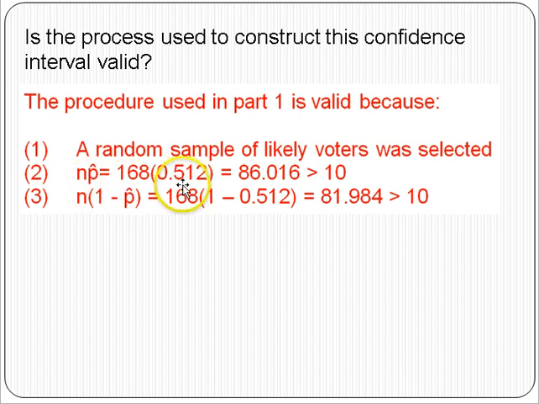That's 168 times 0.512 is 86.016. That's bigger than 10. n times 1 minus p hat, which is 168 times 1 minus 0.512 is 81.984, is also bigger than 10. So the sampling distribution of the proportion is normal, which means that the confidence interval procedure is valid.